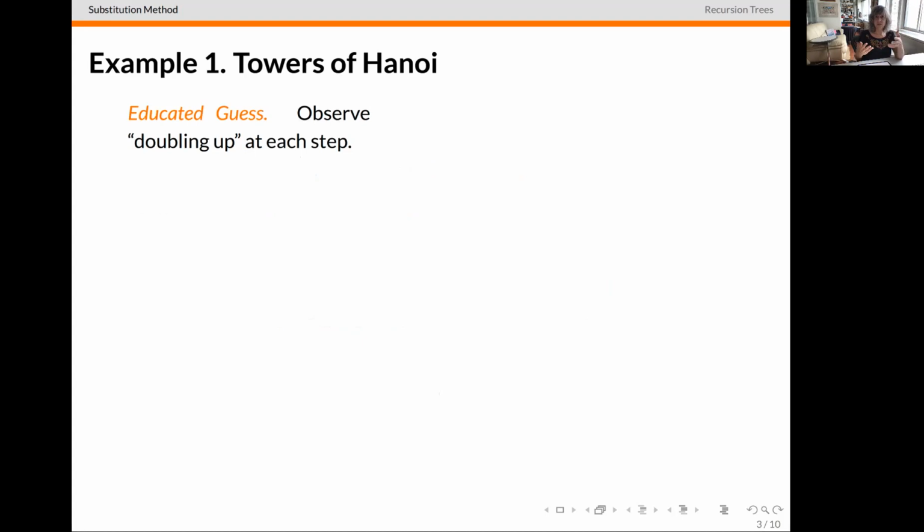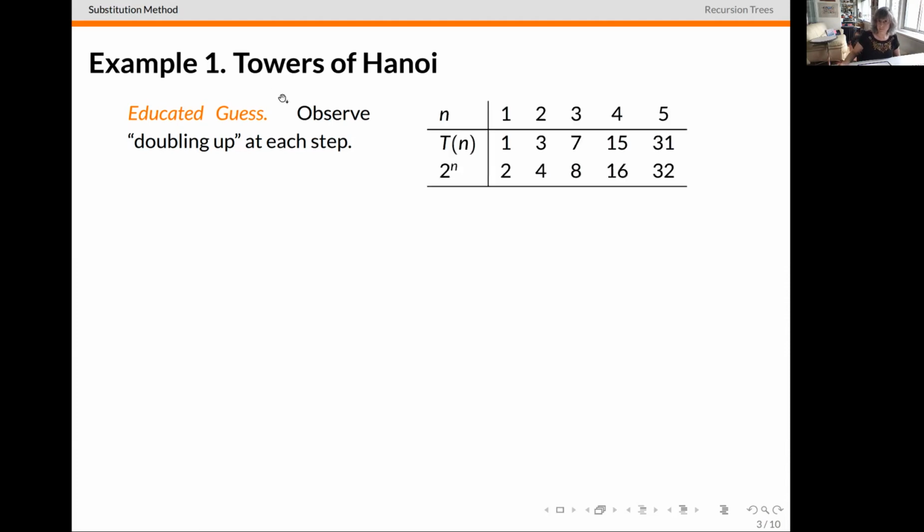In this case, because in the Towers of Hanoi we are splitting into two problems each time, we're doubling up. So we might compare the numbers that we just got by iterating the recurrence with the powers of 2. If we do that, we realize that t of n has these numbers: 1, 3, 7, 15, 31, and so on. Well, these are the first 5 numbers.